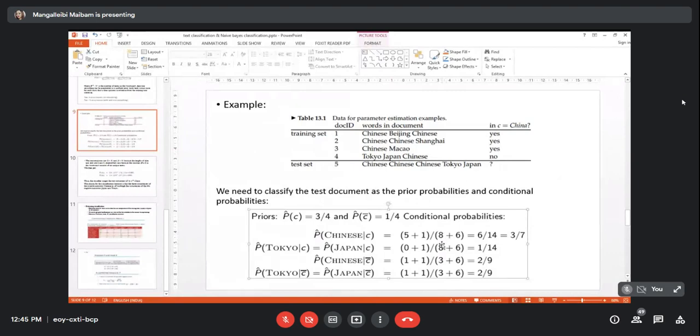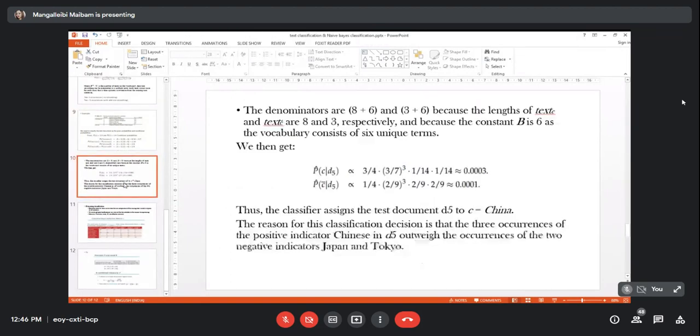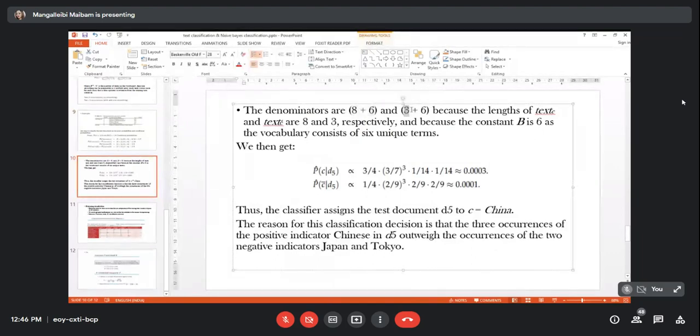Once again, I'm telling you: the denominator is 8 plus 6 for the China class, and 3 plus 6 for the not China class. The 8 plus 6 and 3 plus 6 are because of the length of text in the China class.